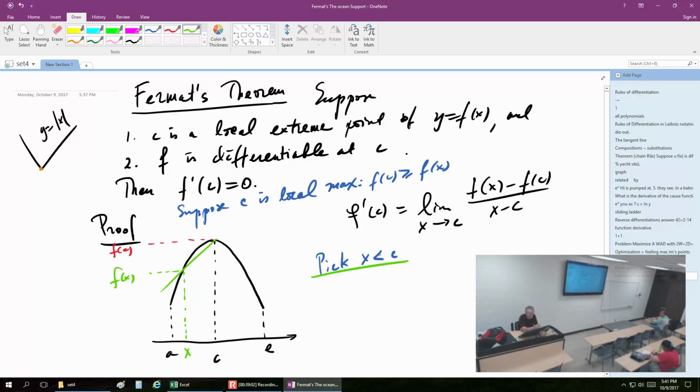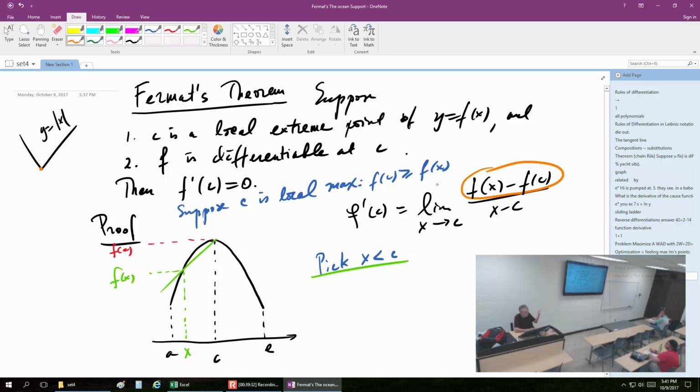Okay, let's carefully consider our fraction. First of all, what's happening to the numerator? What can you say about the numerator? f of x minus f of c. x is smaller than c, so it'll be positive.